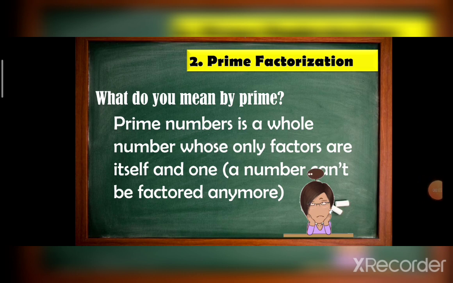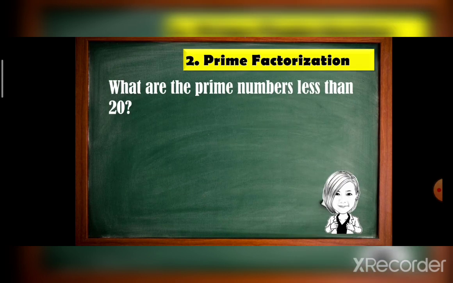Ngayon naman, ano-ano ang mga prime number less than 20? Unahin natin ang 2, followed by 3, 5, 7, 11, 13, 17, and 19.